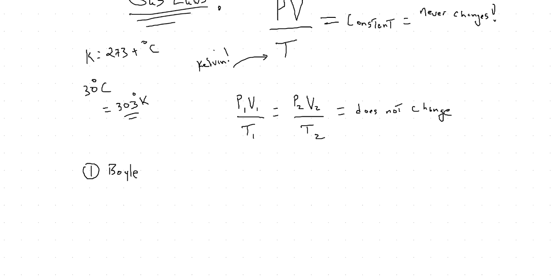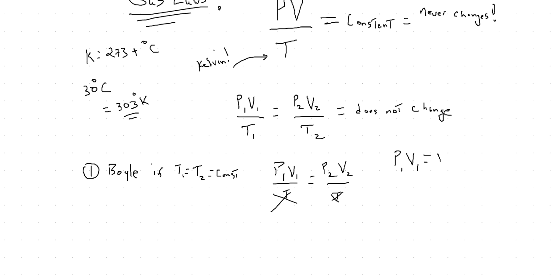Boyle said, if T1 equals T2, which is a constant, so you don't change the temperature, then we have P1 V1 over T equals P2 V2 over T. Well, the T's just go out, and so we end up with P1 V1 is equal to P2 V2. This special case is known as Boyle's law.